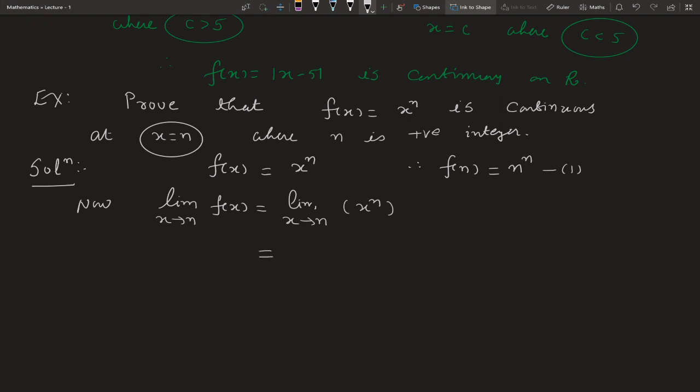Now we know how to evaluate this limit, put x equal to n. So this is n raised to n, and by 1 it is nothing but f of n.